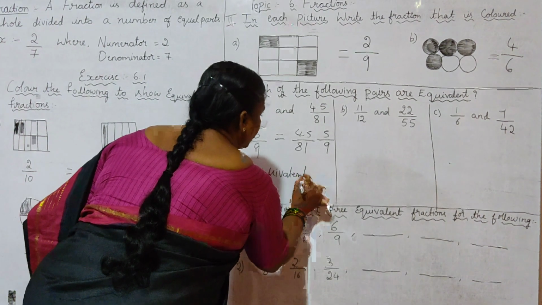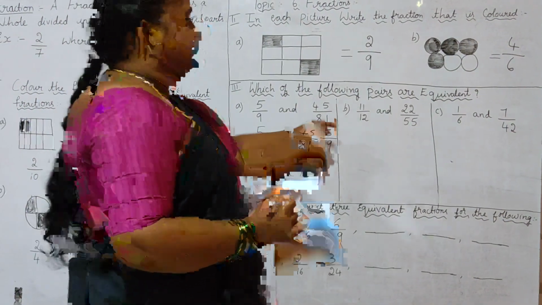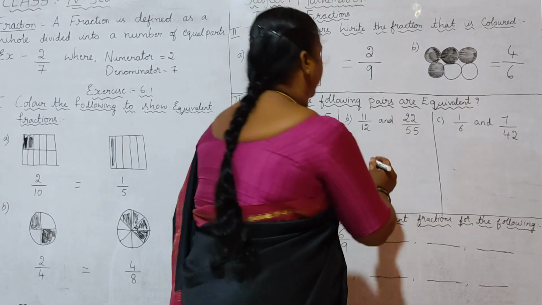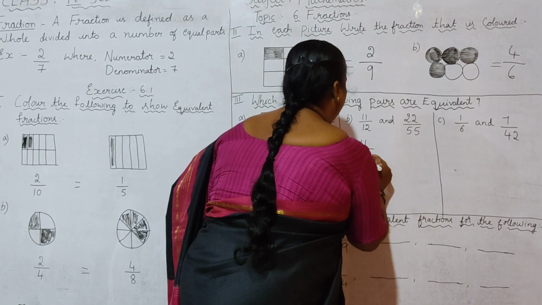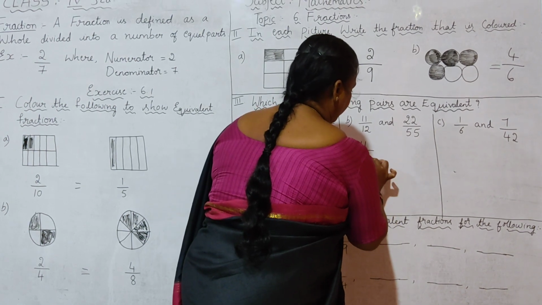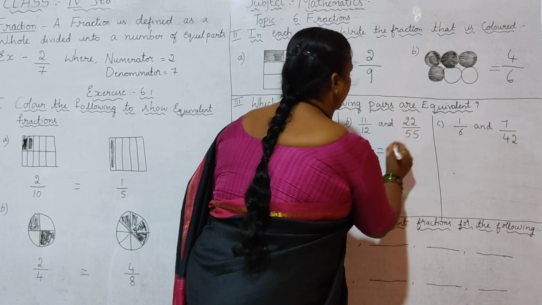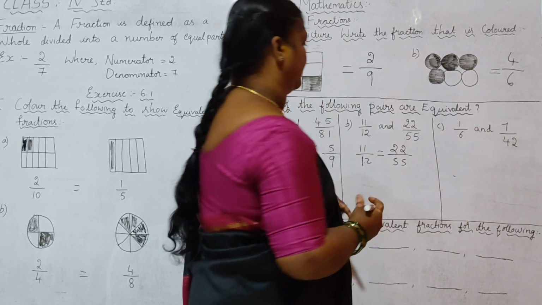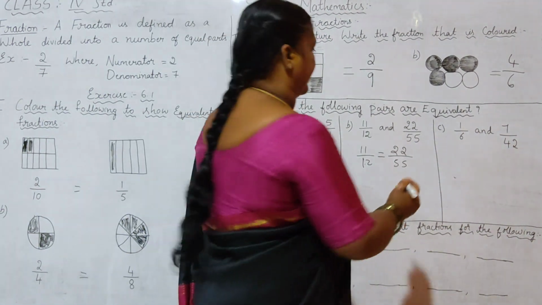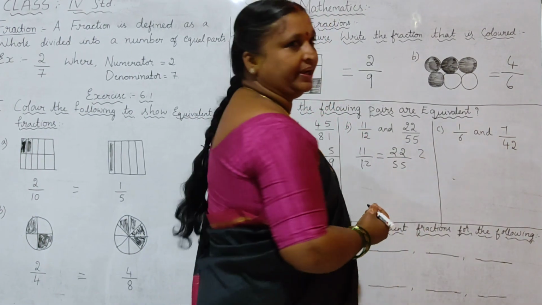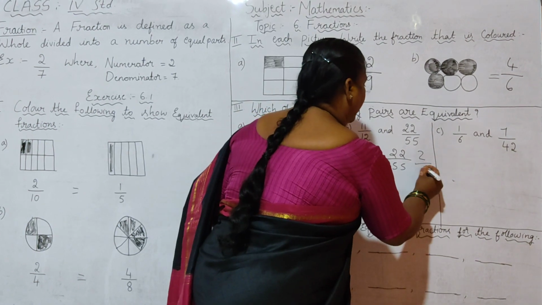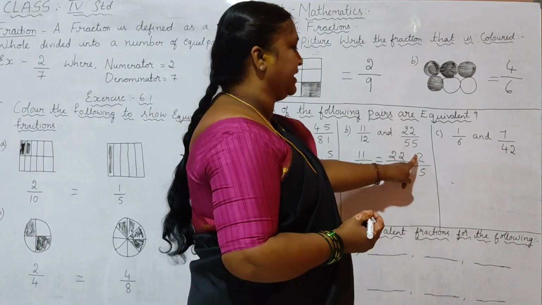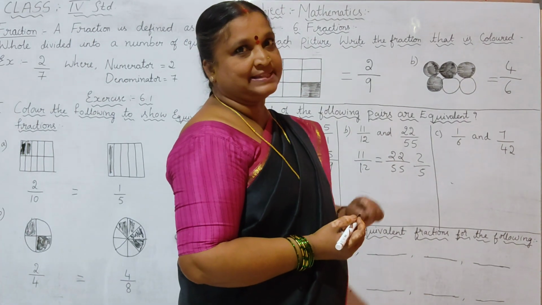Here they gave 11 by 12 and 22 by 55. 11 by 12 is equal to 22 by 55? Here from 11 ones we can divide. 11 twos are 22, 11 fives are 55. But here for 11 by 12, 2 by 5 came.